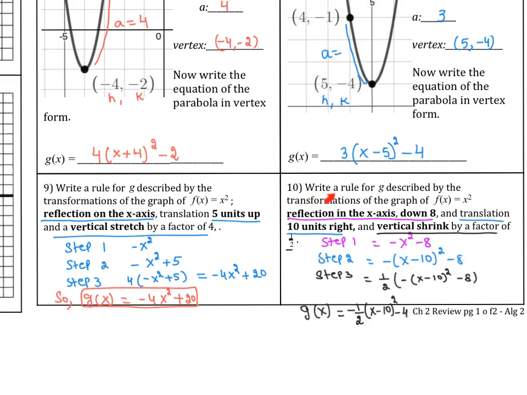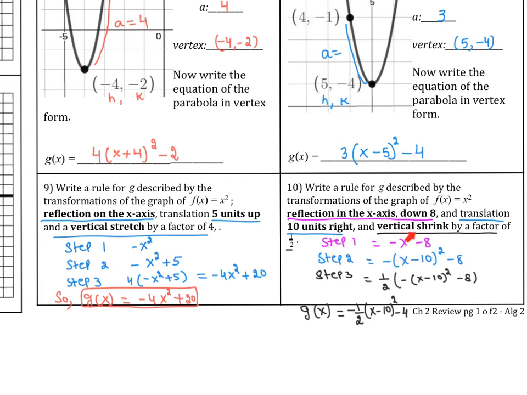Question number 10. Write a rule for g described by the transformation of the graph of f(x) equals x squared. Reflection in the x-axis, so it means that your first step is to multiply a negative in front of x squared. Down 8 means -8. Step number 2 is translation, 10 units right, so you're going to subtract the 10 inside the function.